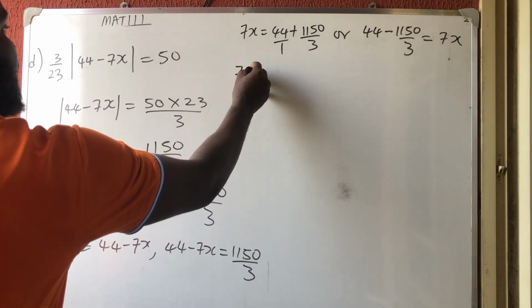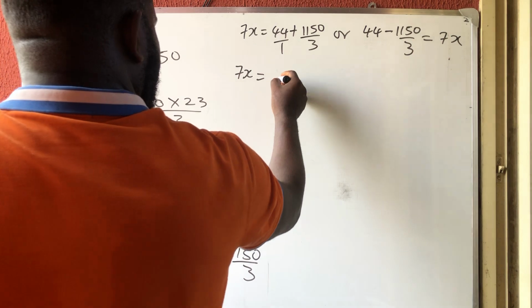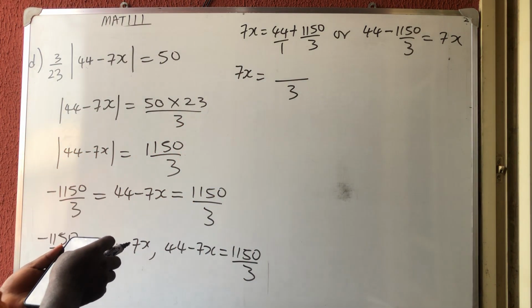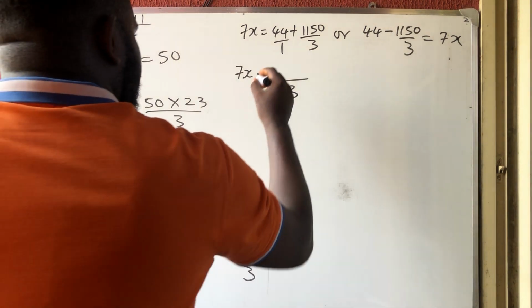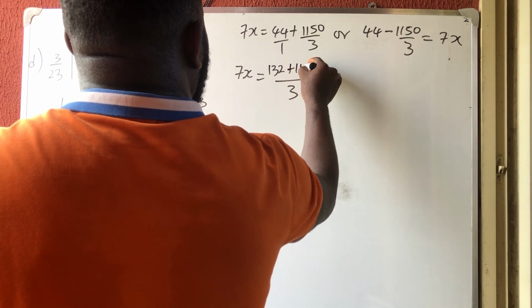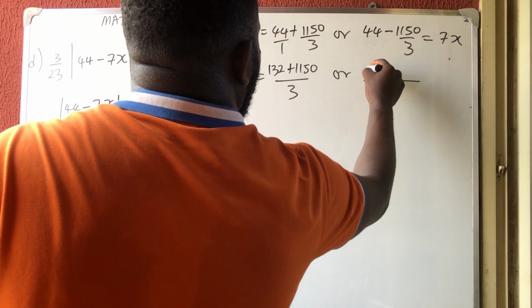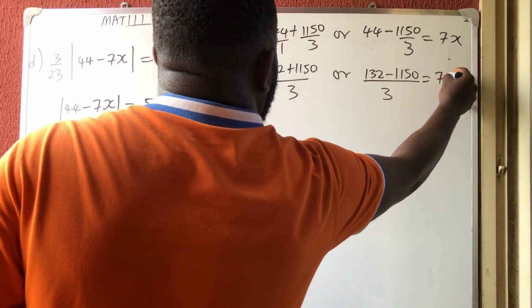So I have that 7x is equal to 44 times 3. So I'm having 132 plus 1150, or the same thing here, 132 minus 1150 is equal to 7x.